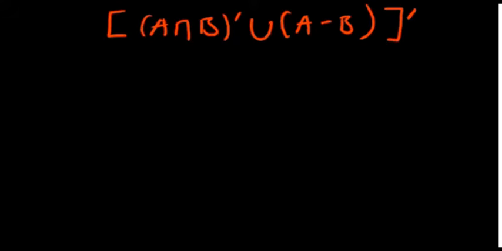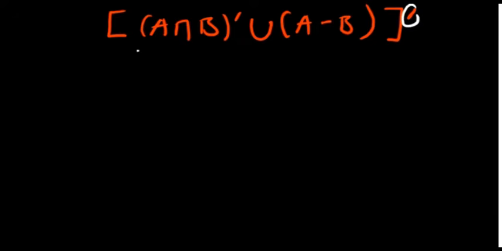We have another set there. This time around, we have A intersection B complement union A minus B. First of all, I'll start by distributing the complement that we have there.